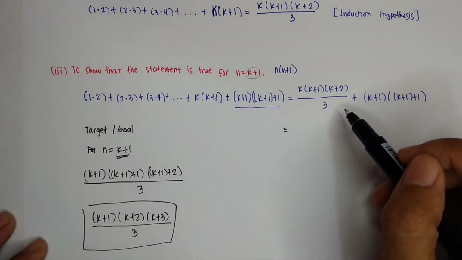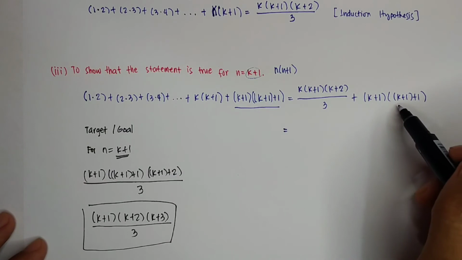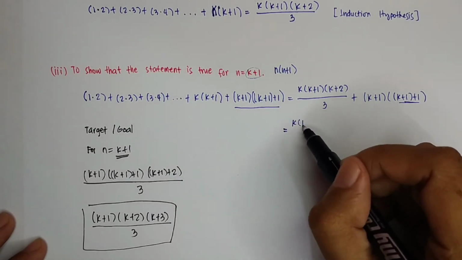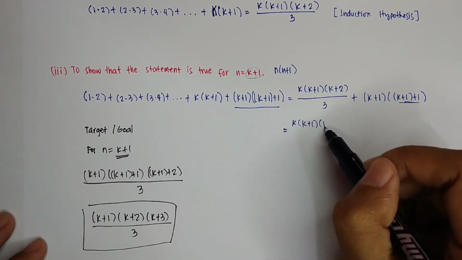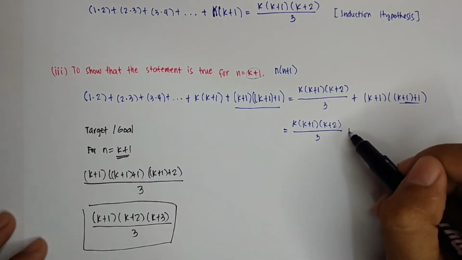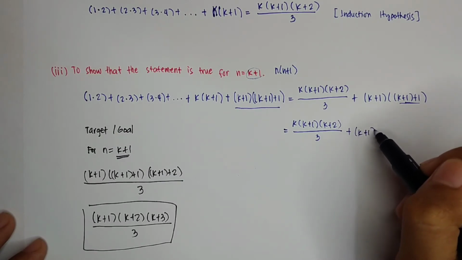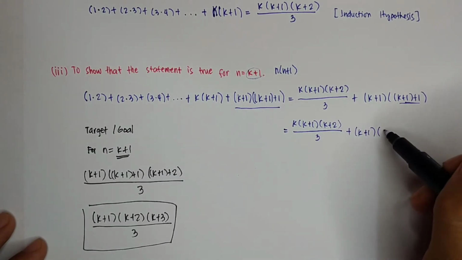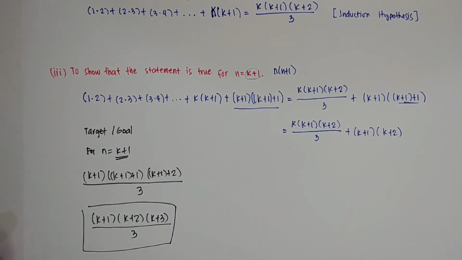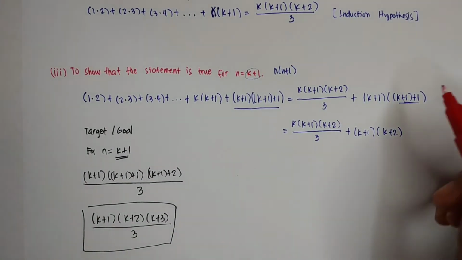Okay, so now, we need to simplify this one or let's add the terms. So we have k times k plus 1 times k plus 2 all over 3 plus k plus 1. Then we have k plus 1 plus 1, that is k plus 2. Okay, take note, meron tayong common factor.